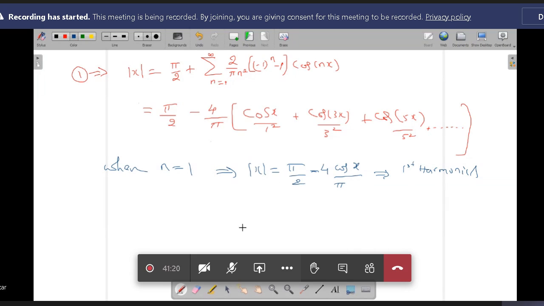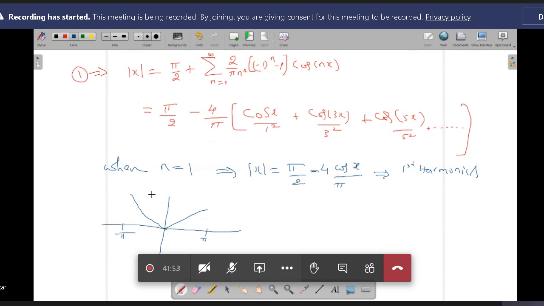So the actual curve for mod x, as you know, is this, in the interval minus pi to pi. If you use the Fourier series expansion and plot the graph for n equal to 1, n equal to 3 (n equal to 2 is not possible), so first harmonic, third harmonic, fifth harmonic, likewise you will get non-zero terms.